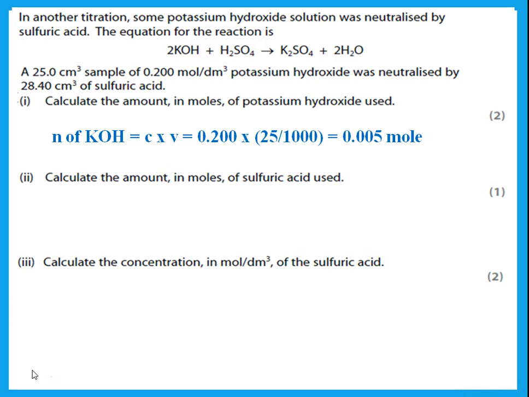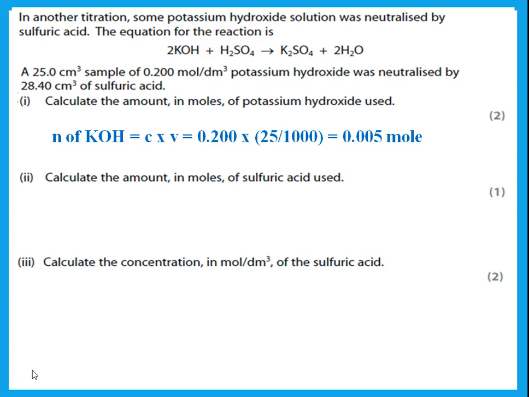So number of moles is concentration times volume, and the volume has to be divided by 1,000 in order to be in decimeter cubed. So that comes out to be 0.005 mole. Were you able to get that? That's easy. Calculate the amount in moles of sulfuric acid. Now, when I get number of moles of something, now I need to relate it from the equation.